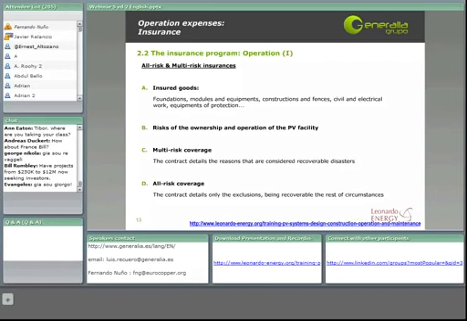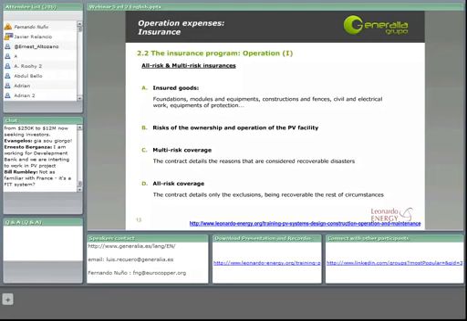We all know the difference between both types of insurance, an all-risk insurance and a multi-risk insurance in general, but we will study them in the following slides when we are considering them for a PV solar facility.